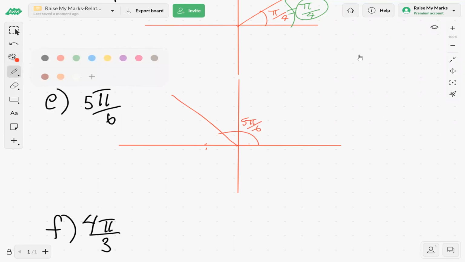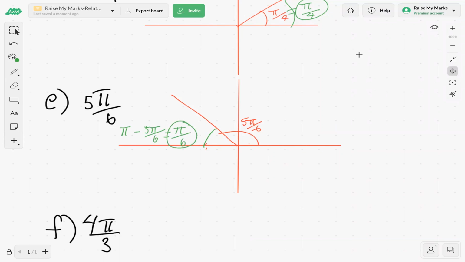Okay. And we want to find the angle between the horizontal and the terminal arm. So this angle here is pi minus 5 pi over 6. That's pi over 6.